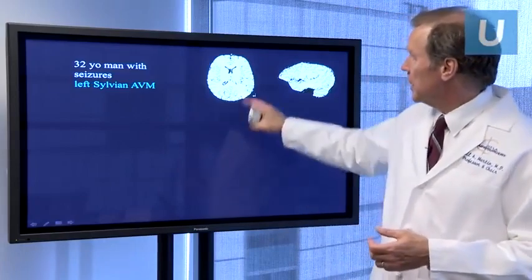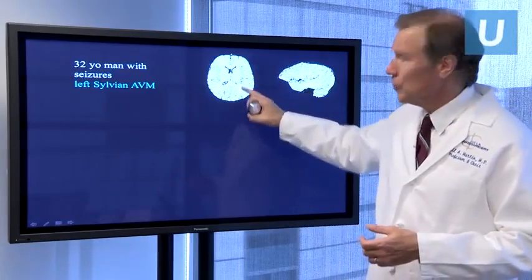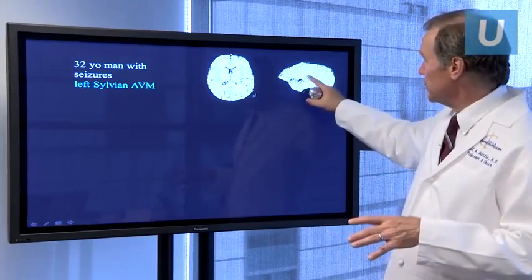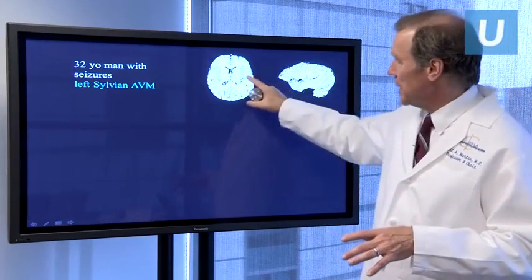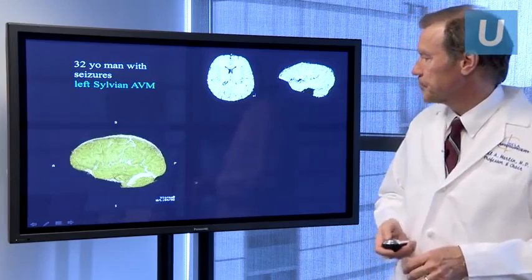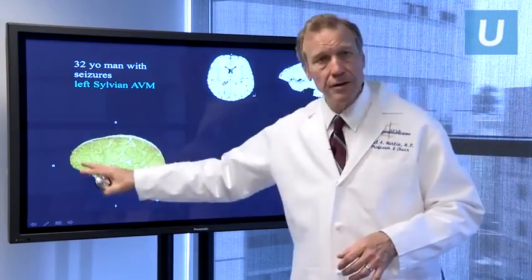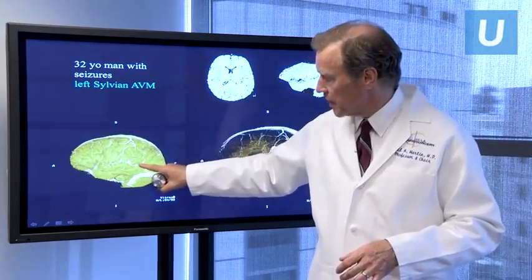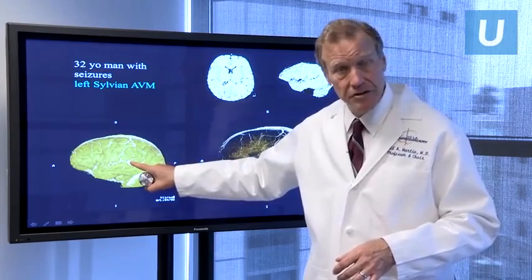So here's a view of an MRI scan, a typical diagnostic test done for AVMs. You can see the AVM located in this region from the side view and in this region from a cross-sectional view. We can do a three-dimensional reconstruction of the brain surface and begin to see the vein that goes into the AVM, that is the guide.